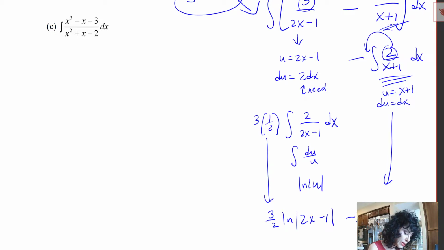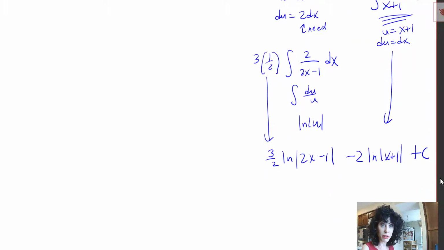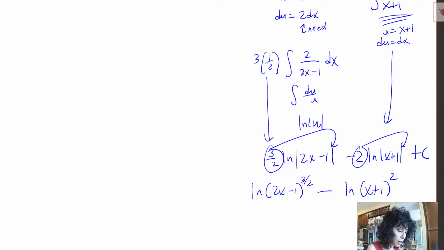Although you may notice that in the MyMathLab answers, as well as the answers in the back of your textbook, they usually like you to go a little bit extra here, doing some logarithmic condensation. So if you move the 3/2 and make it a power, make the 2 a power, you'll have ln, the quantity 2x minus 1 to the 3/2, minus ln, the quantity x plus 1 squared, plus c.